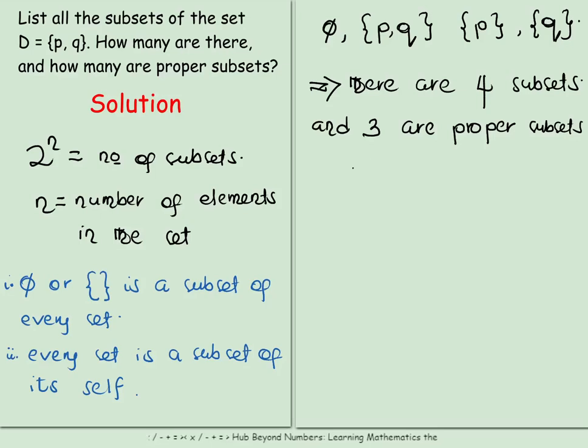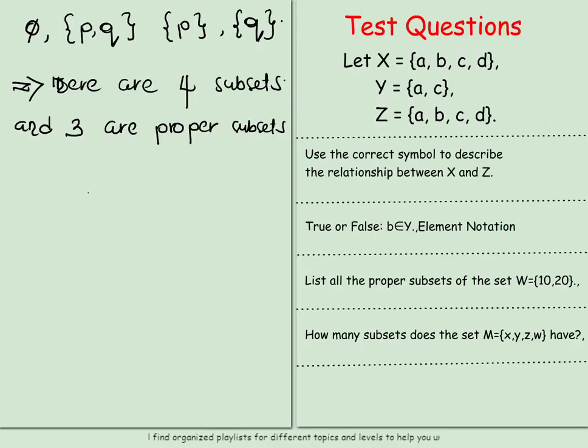So that ends the set of questions for this lesson. As usual, I'll give you some for you to try on your own. So here are the questions, and there are just 4 of them, 3 of which use the preamble you see up here. The very first one says, if you have x, y, and then z, use the correct symbol to describe the relation between y and then z, which we've done an example of.